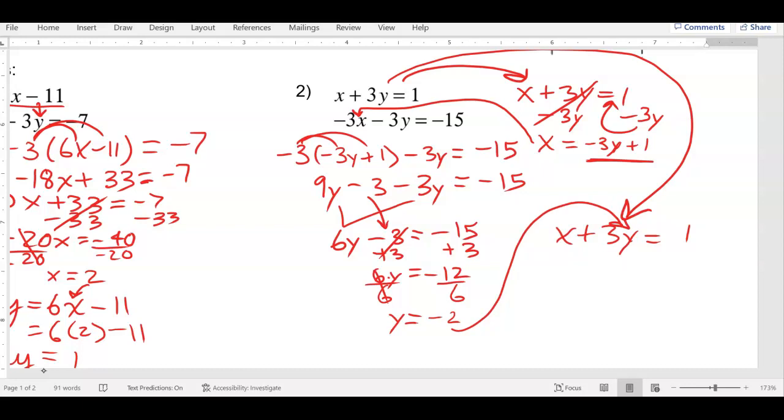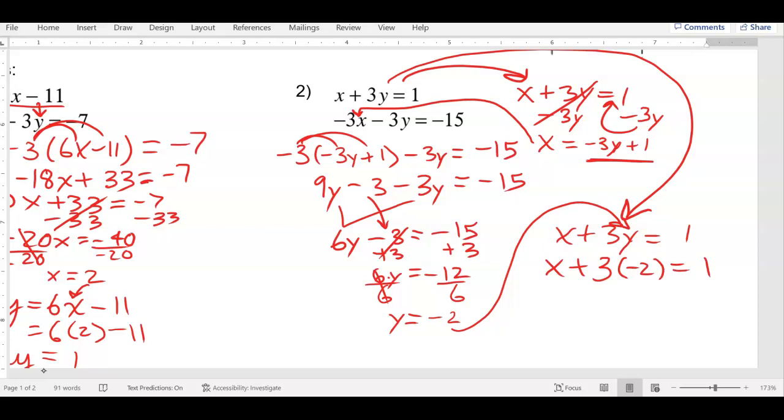I'm writing that original equation. I'm going to plug in -2 for y. So I'm going to replace y with parentheses -2. So it's going to look like this: x plus 3 parentheses -2 equals 1.